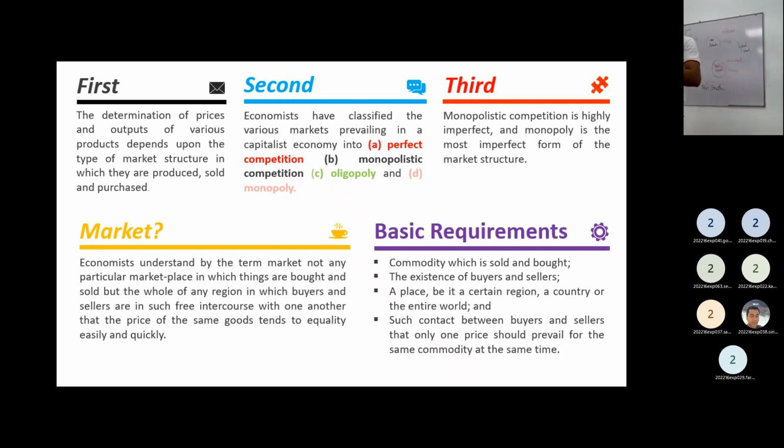Good. So simply, market means what? As you correctly mentioned, buyers and sellers must be there. And there must be an interconnection between those two. So nowadays, we are not discussing meeting the seller and doing the transactions. It's all about having an interconnection between these two.